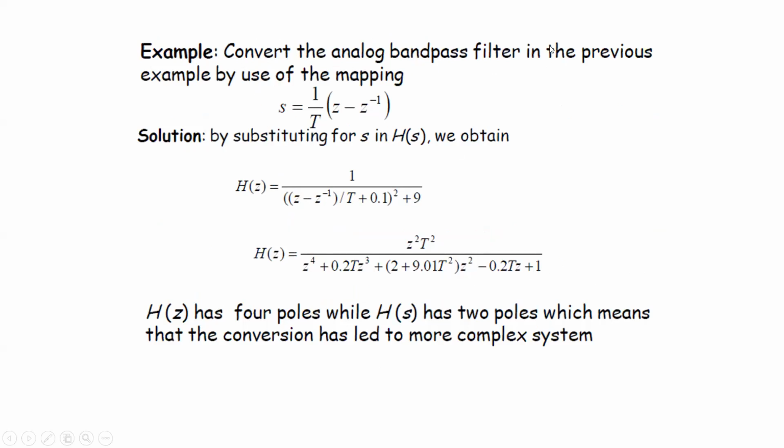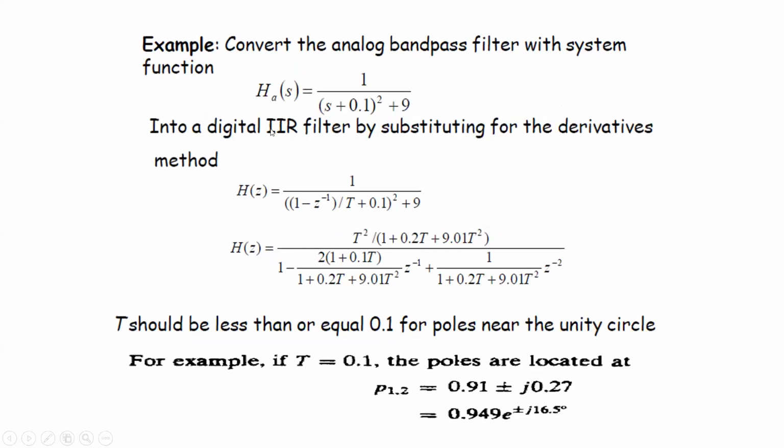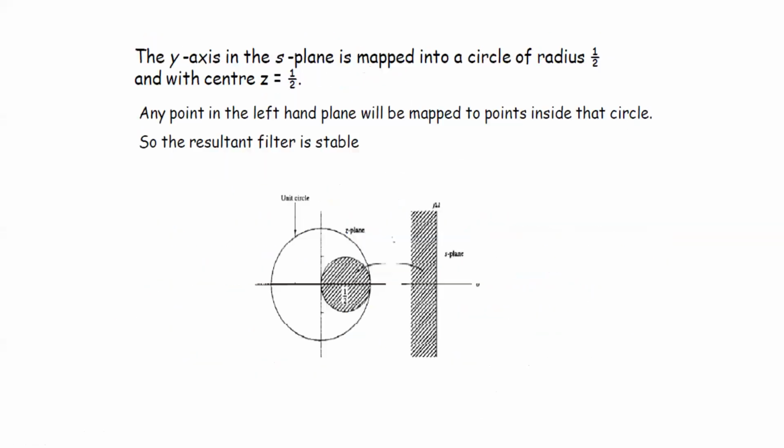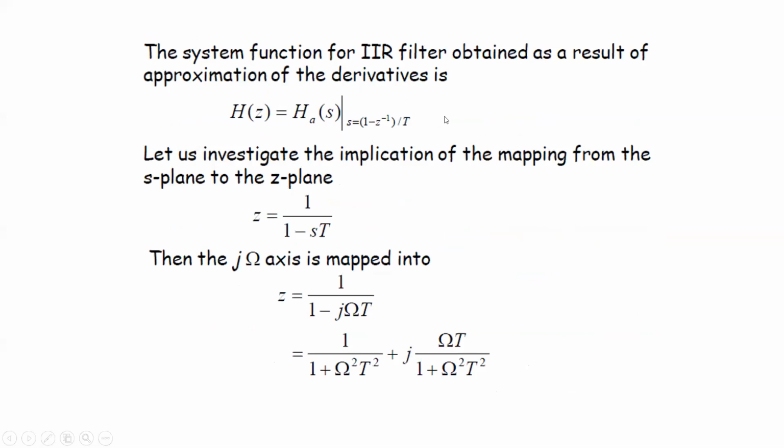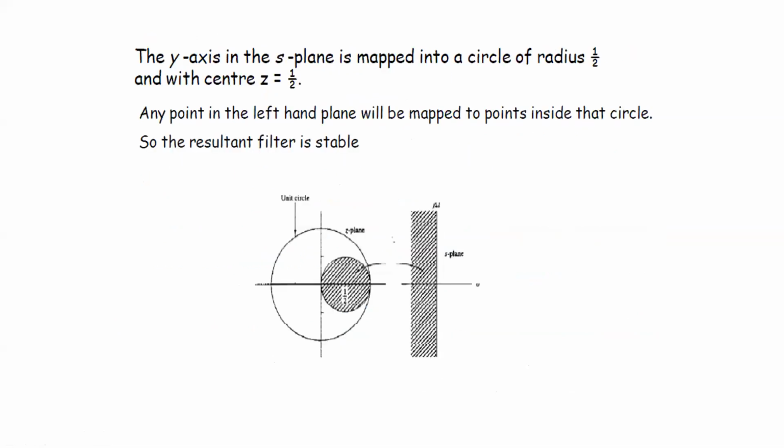Convert the analog band pass filter in the previous example. In the previous example, we firstly used (1 minus z to the power minus 1) divided by capital T. If you remember, this is the approximation we used, the first order derivative approximation. But the problem I explained with this diagram.